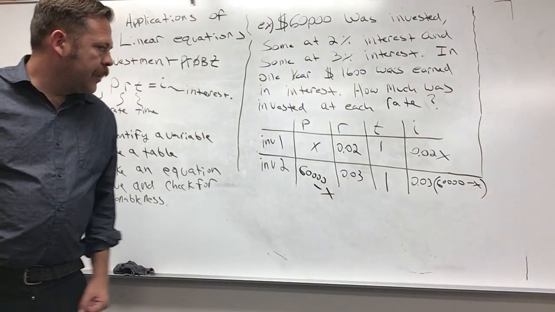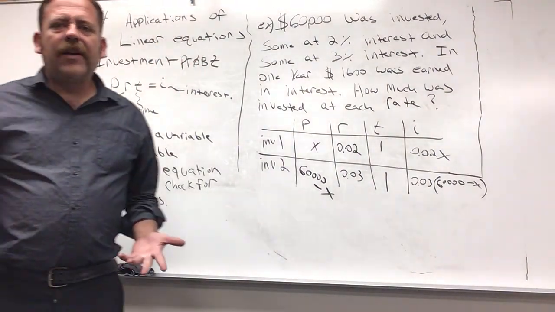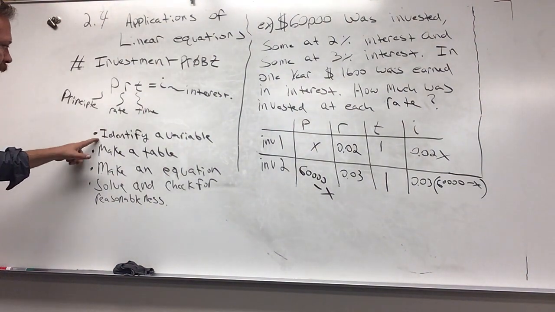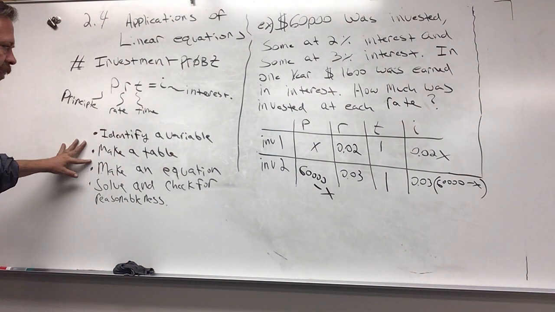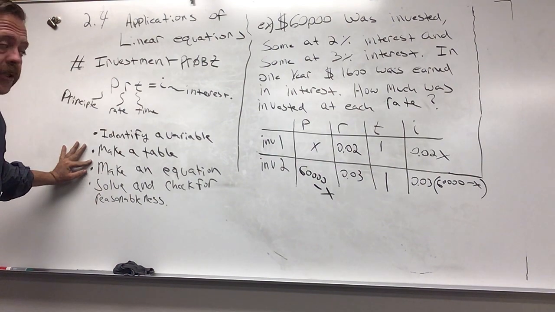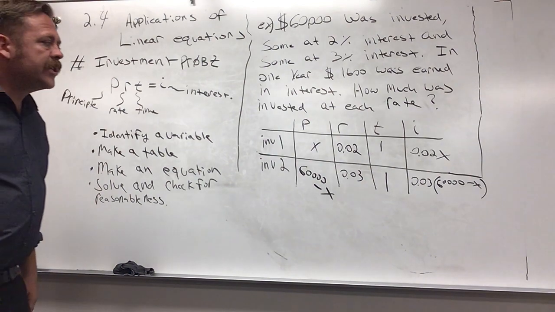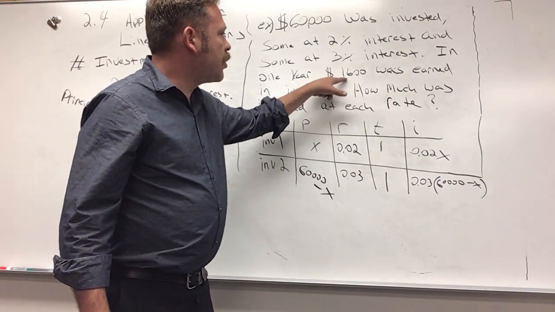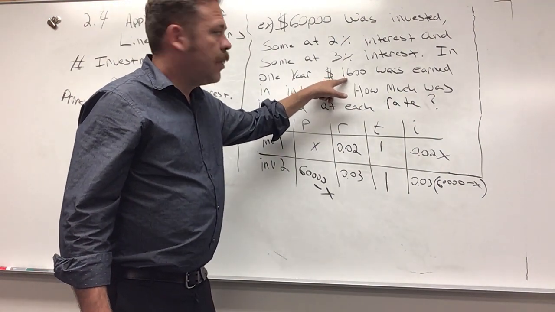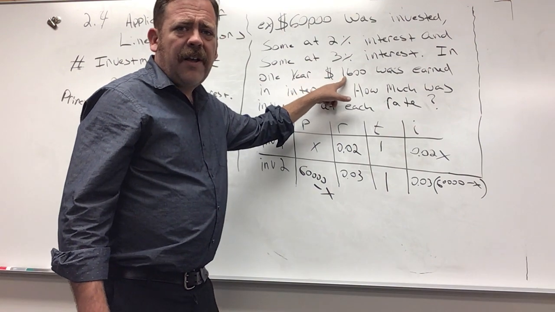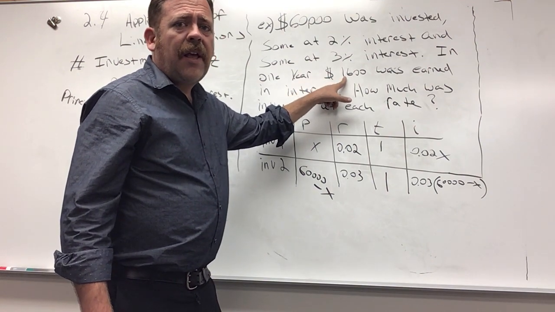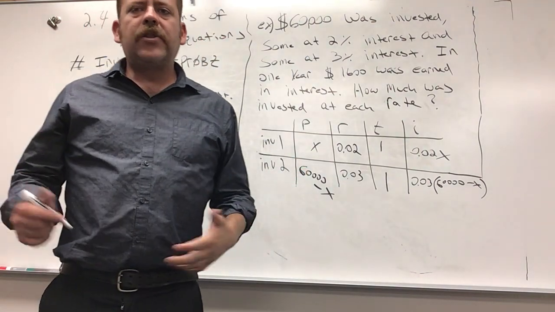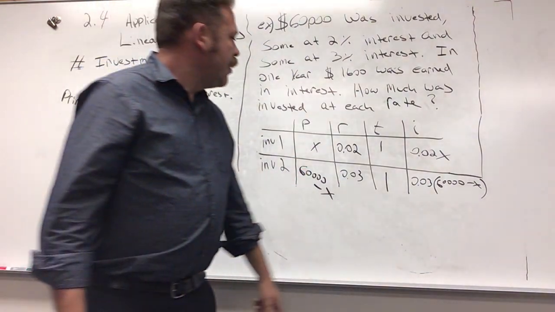All right. Now, how do we set up the equation? Look, let's look at our little rubric. We identified a variable. We made a table. We're making great progress. Now we need to make an equation. Well, we know that the total interest earned from both investments was $1,600. And if we look at our word bank, what does total mean? Total means mathematically to add.